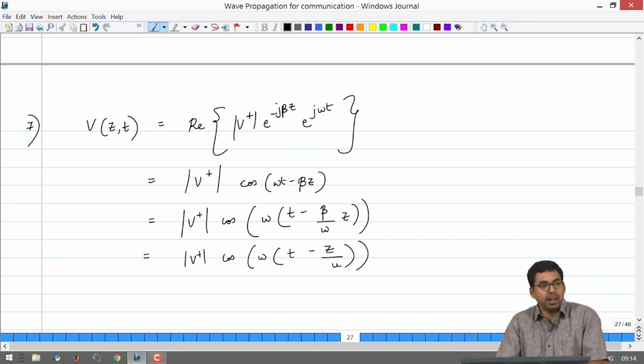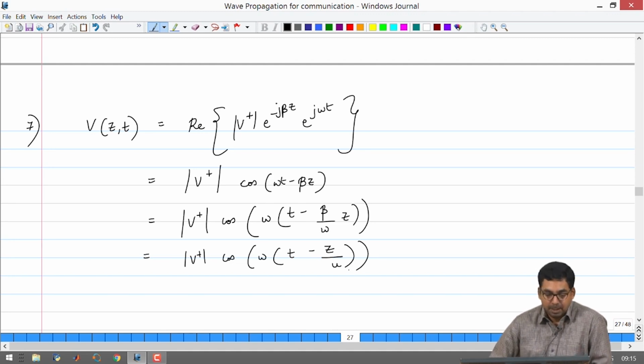Now, once again it is clear that it is a function of t minus z by u for the forward wave. So, I think that you will be able to understand that there is clearly a correlation between the kind of solution that we saw in the past and the solution for steady state AC excitation that we are seeing now. Both are, the forward case is a function of t minus z by u, the function here just happens to be cosine of t minus z by u multiplied with an omega, and for the backward wave one could establish the same, it will look like a cosine of t plus z by u.